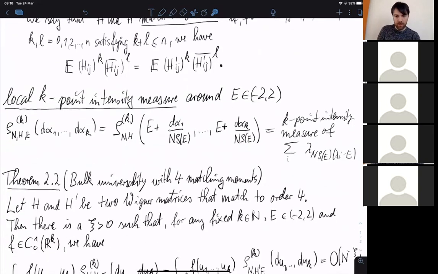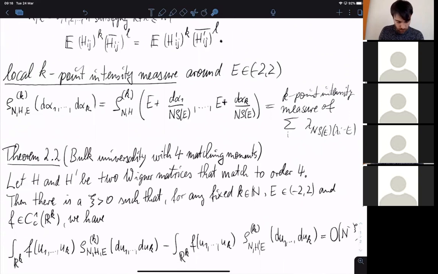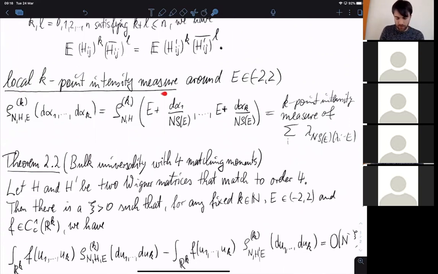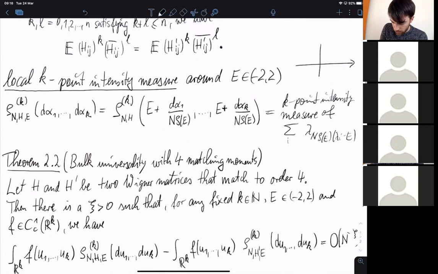Then the basic object that we want to analyze is the local k-point correlation function around an energy E, which lies between -2 and 2. Of course, this -2, 2 means that we're in the bulk of the semicircle.